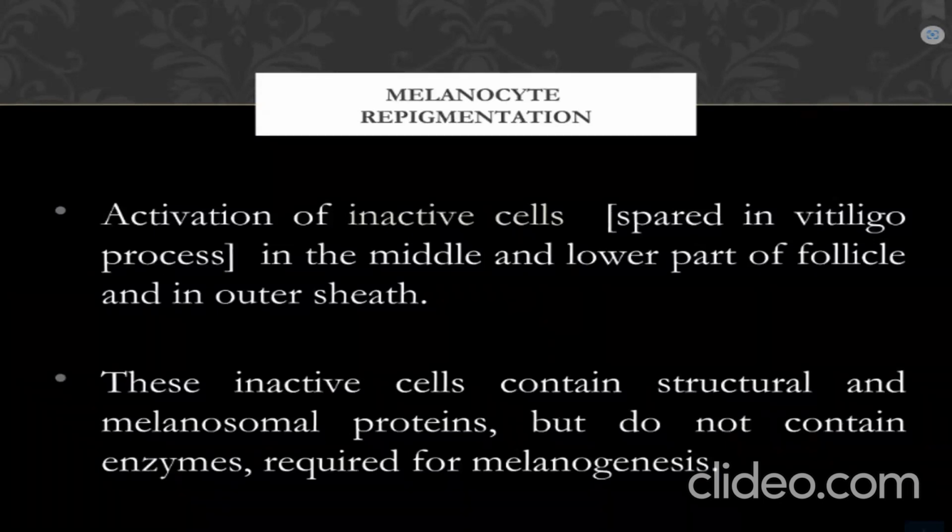How does melanocyte repigmentation occur? PUVA causes activation of inactive cells which are spared in the vitiligo process in the middle and lower part of the follicle and in the outer sheath.